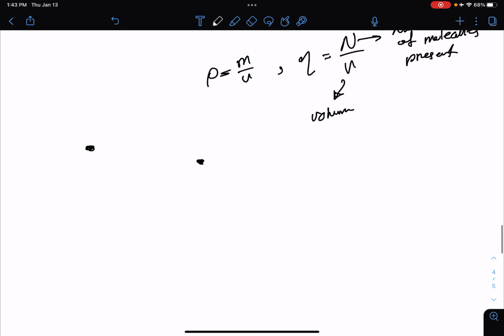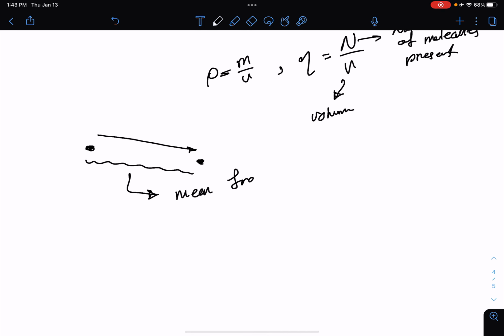Let's look at these two molecules here again. As I said, most of the time of these molecules is spent between one collision and another collision. So the distance between the two is important, which we call the mean free path.